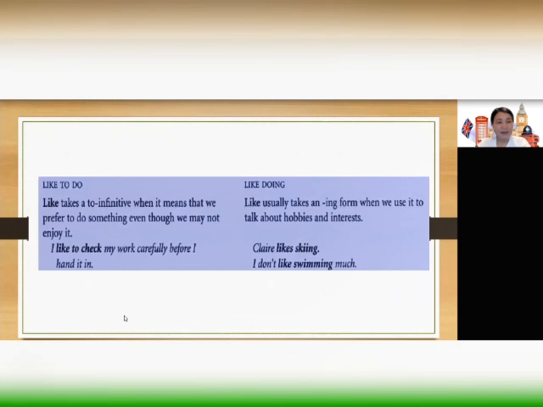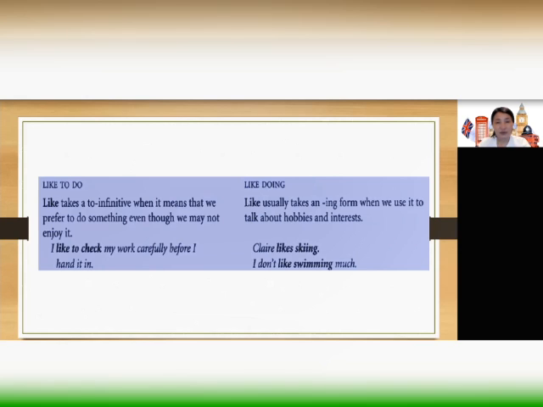For example, like to do. Here, like takes to infinitive when it means that we prefer to do something even though we may not enjoy it. For example, I like to check my work carefully before I hand it in. I do it, but I don't enjoy it. Just in general, it is said.